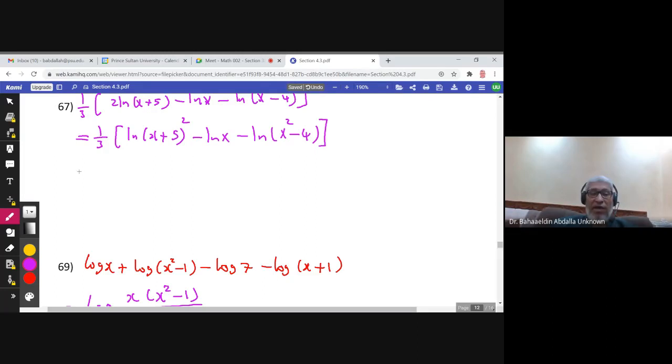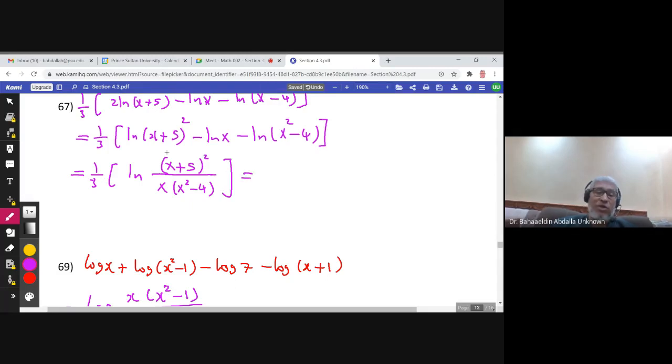Now, I have plus and minus. So I change it to one ln with a fraction. So x plus 5 squared has a positive coefficient, so I will write it up. x, the coefficient is negative, down. x squared minus 4 is also down because there is a minus sign before the ln. Now, what should I do with the 1 over 3?